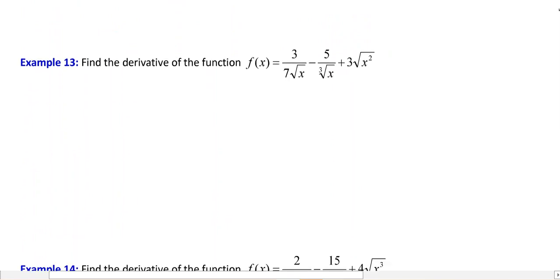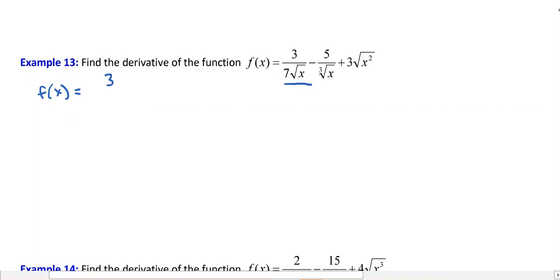In the next example, we have to do a little bit of rewriting. So first of all, we want to get rid of the radicals, and we also want to get rid of the variables in the denominator. So I'll do this in a couple of steps. So this is going to involve some rewriting of the basic function. The first term, I'm going to rewrite this in 2 steps.